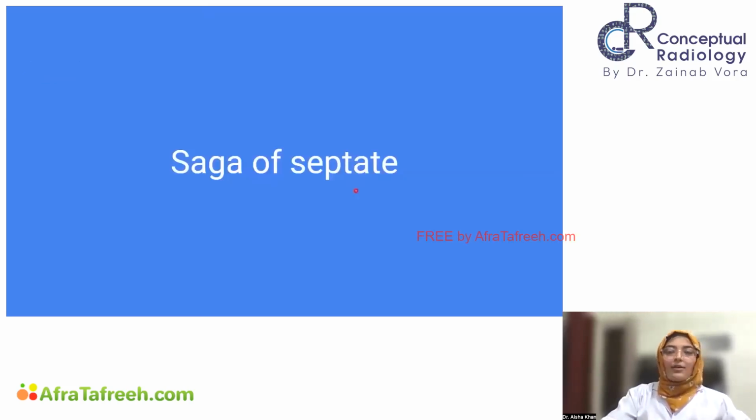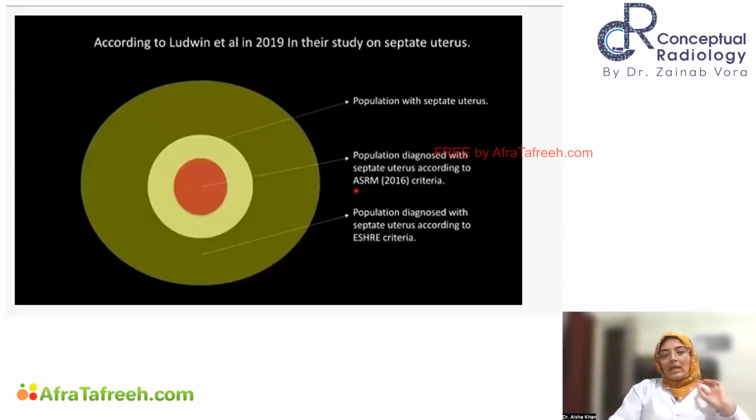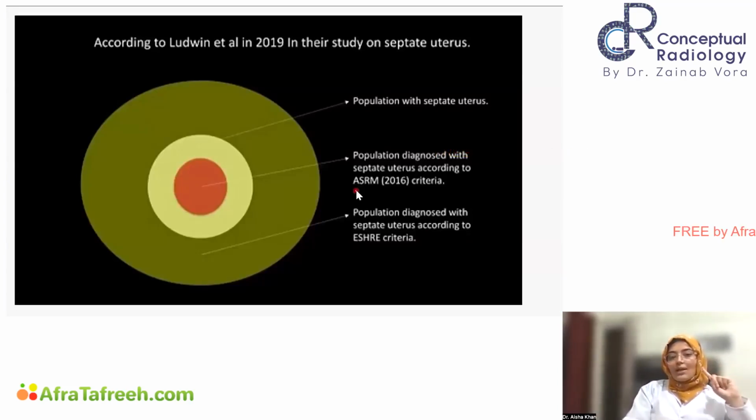ठीक है. Now the saga of septate. फटाफट septate के बारे में थोड़ा सा discuss करते हैं because this is number one, the most common and a lot of times the most confusing also. So this light yellow color में जो दिखा रहा है, that is the actual people who actually have septate uterus. And if you look at ESHRE, it is far more over diagnosing. And ASRM, American, they are under diagnosing.